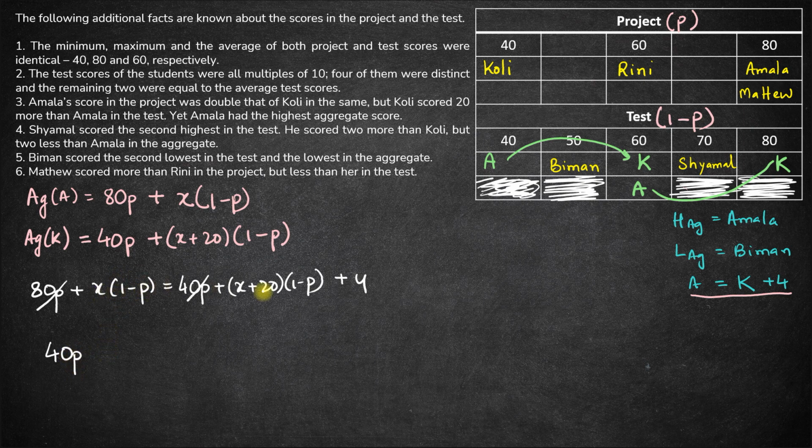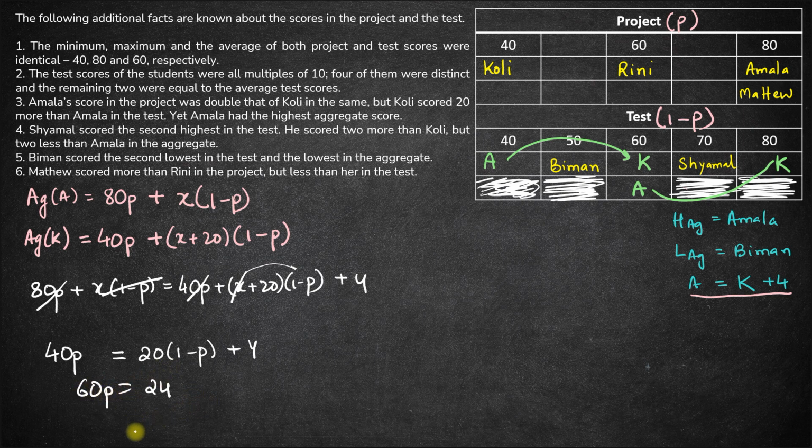Here we have X into 1 minus P, and from there also we will have X into 1 minus P. So both of these will get cancelled out. On the right side we will have 20 into 1 minus P remaining plus 4, right? 20 into 1 becomes 20, plus 4 becomes 24. 20 into minus P is minus 20P. Minus 20P goes to that side, becomes 60P.